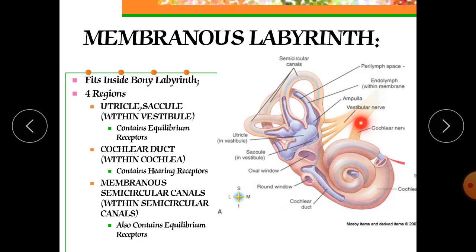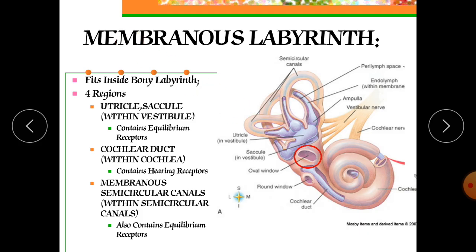The sound wave impulses are converted into electrical impulses, and the sound signals are transferred through this nerve towards our cortex area.